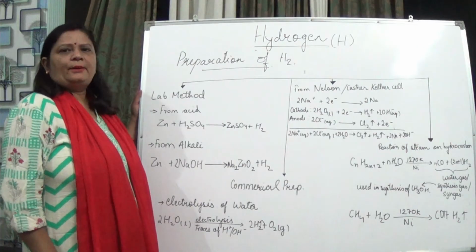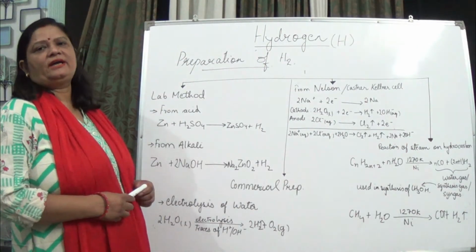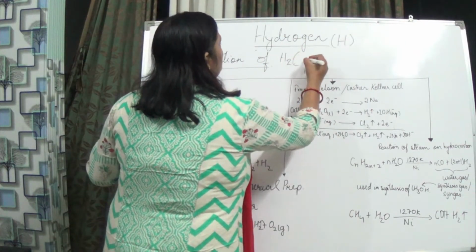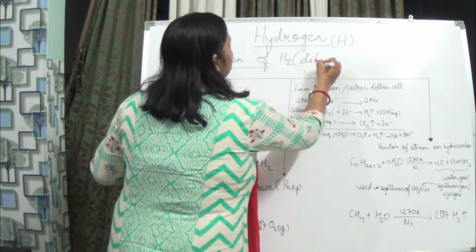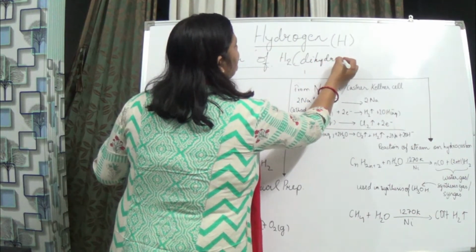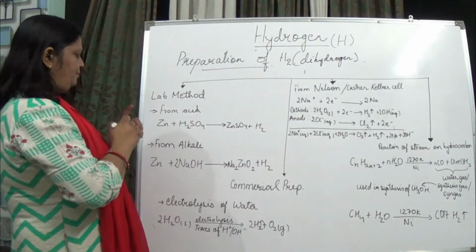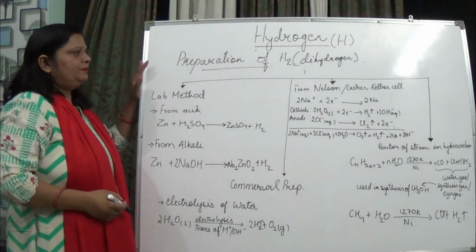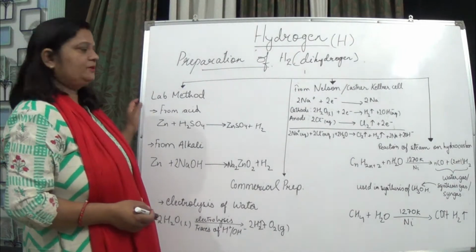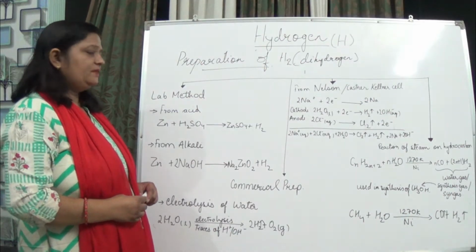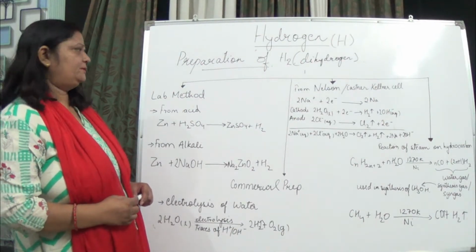Now let us study the preparation of dihydrogen, that is H2. Preparing dihydrogen can be done by the lab method, the commercial method and other methods.